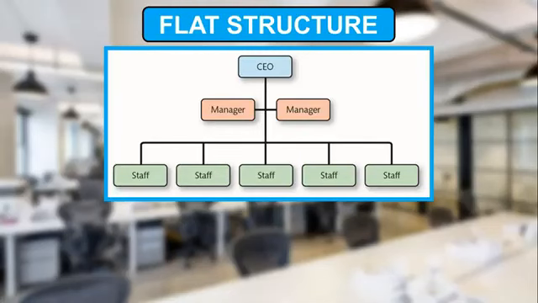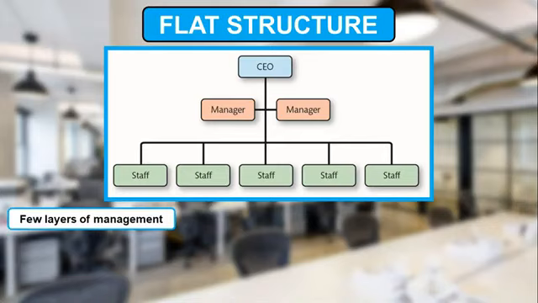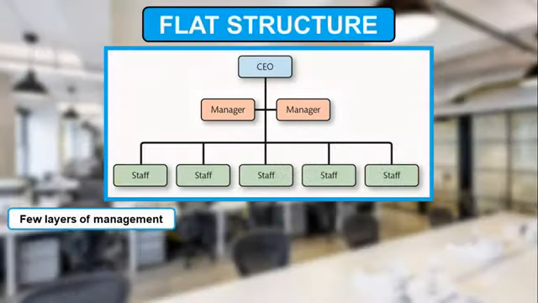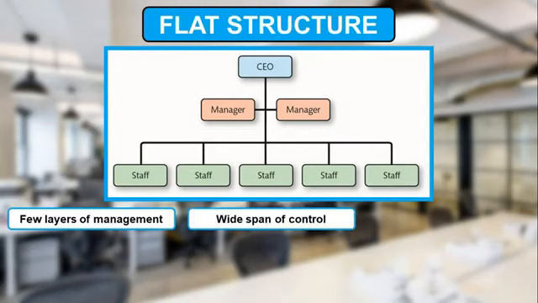Flat organisational structures are commonly used by smaller businesses. They contain none or very few intermediate levels between upper management and staff, depending on the size of the business. In a flat structure, managers have a wide span of control, with typically more subordinates than in a hierarchical structure.